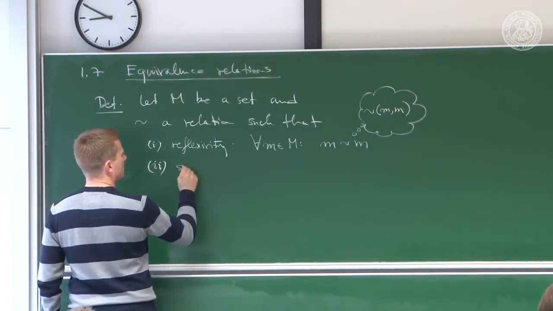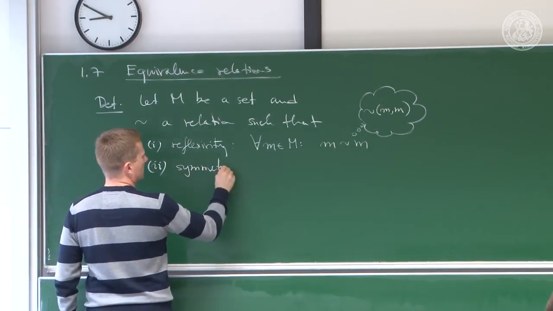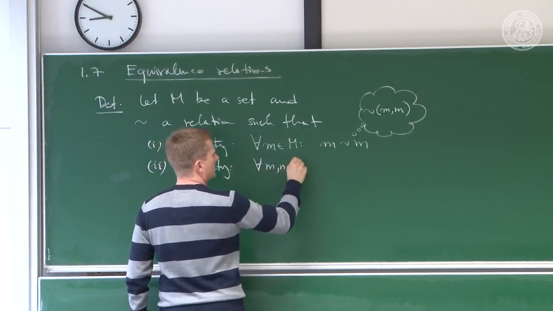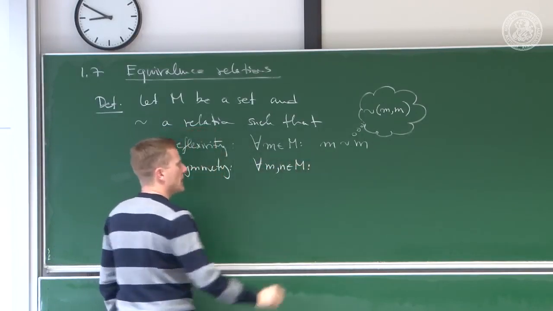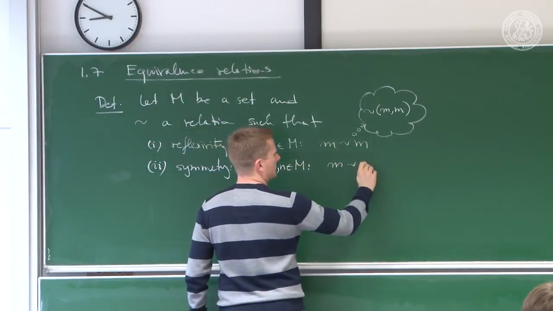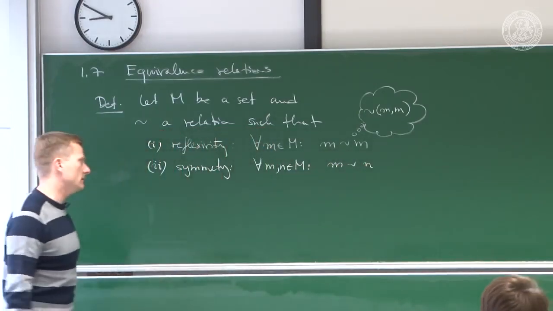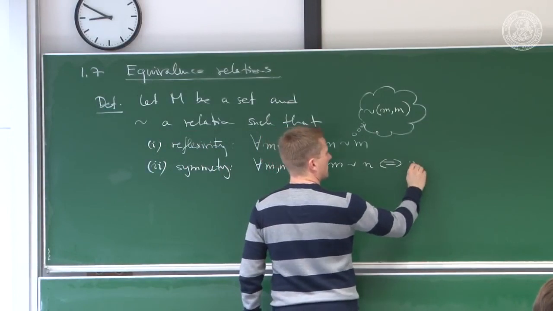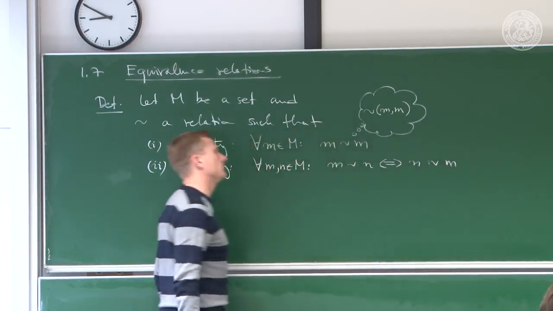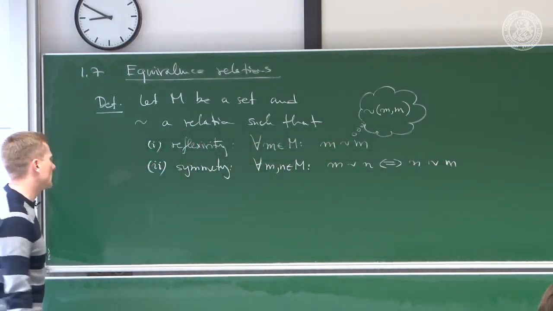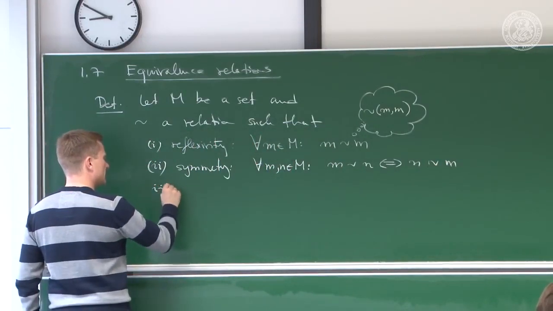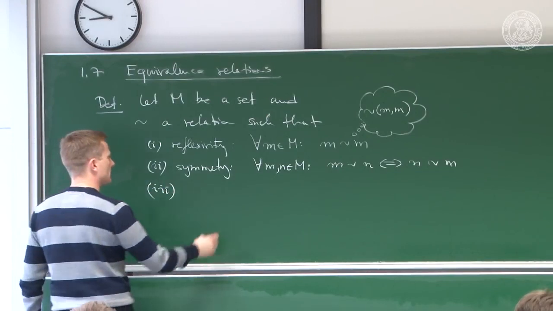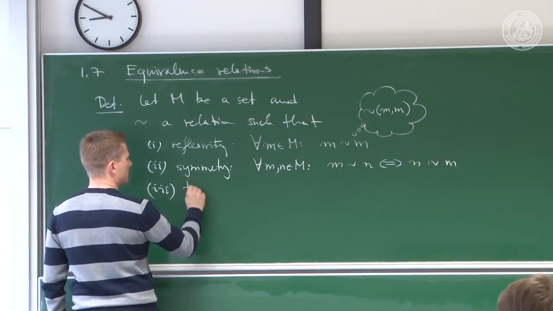Second, there must be symmetry in the following sense. If m and n are elements of M, and assume it's already clear that m twiddle n, then that's supposed to be the same as n twiddle m. And the third condition a relation needs to satisfy in order to qualify as an equivalence relation is transitivity.